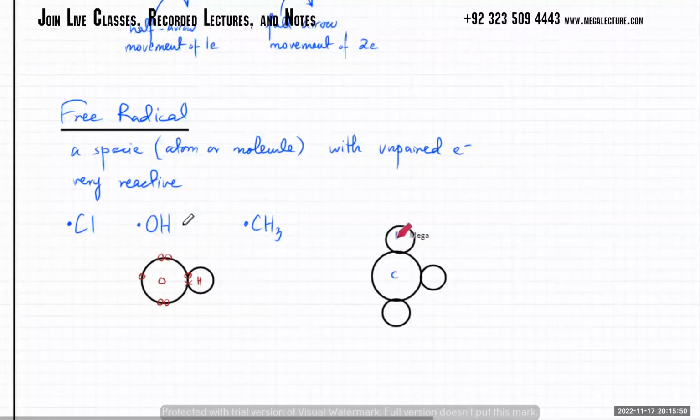So there's C and H's. And that's a free radical because it's got unpaired electrons.